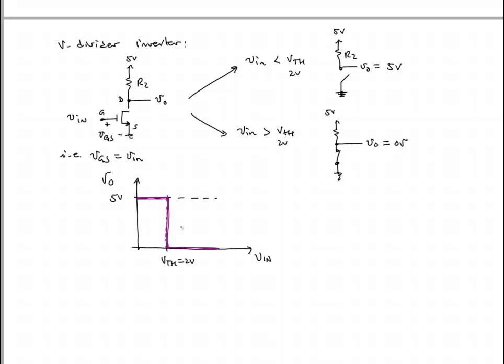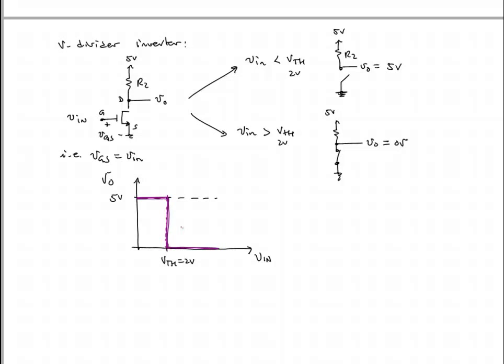Now you can guess already that a real transistor is not going to be an exact open and an exact short when we apply a gate to source voltage that's just a hair above or below the threshold. So a more sophisticated model will be needed to capture what's going on.